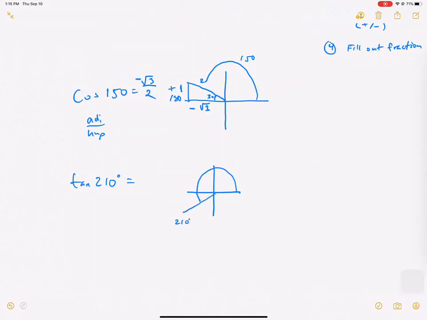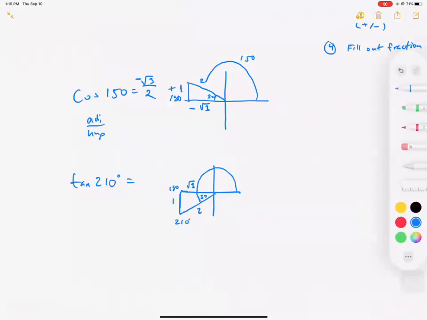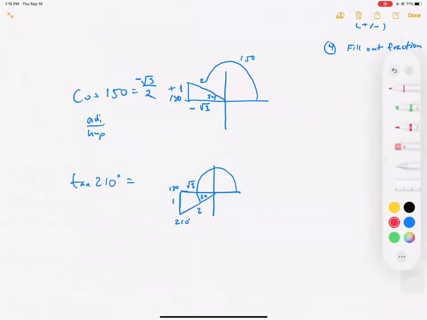We always draw our triangle back to the horizontal. Now, what angle would be inside the triangle? That's going to be 30, because 180 to 210 is 30 degrees. Hey, we've seen this triangle before, haven't we? That's going to be 1, 2, square root of 3. Double check, are any of these negative, going left and down? Turns out they're both negative.